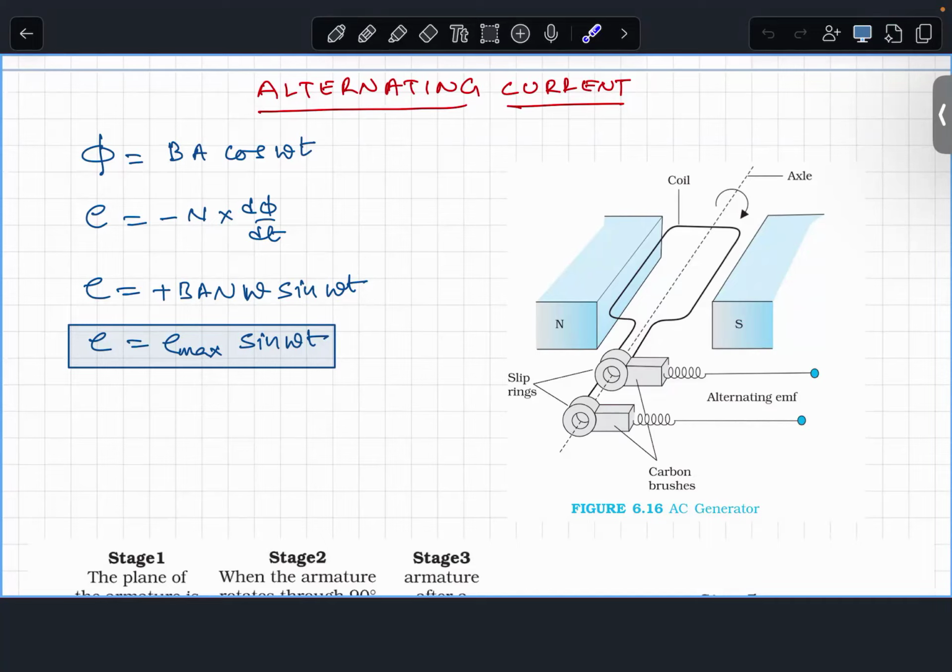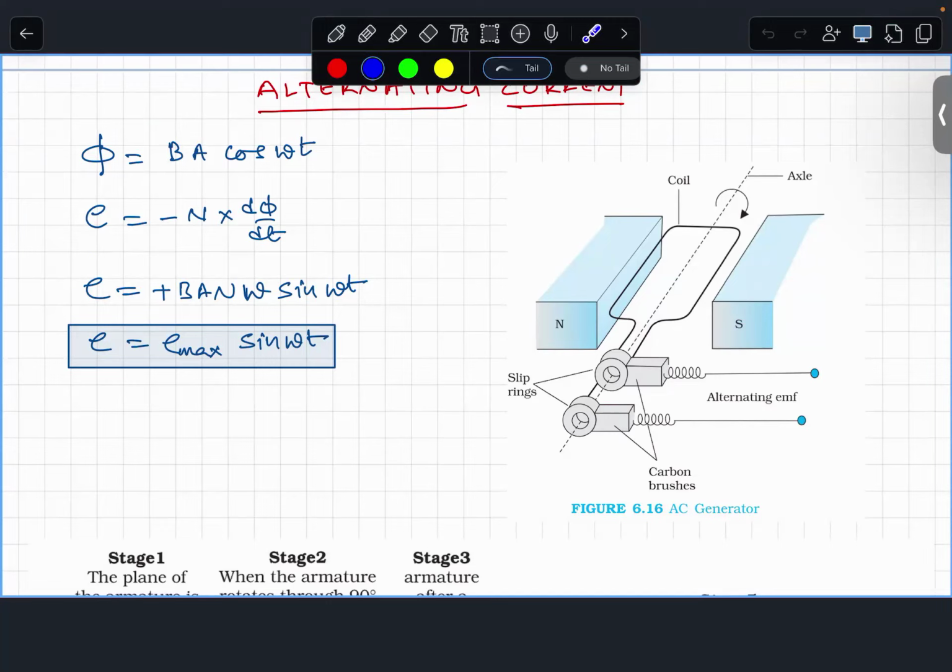Last time, we noticed this is the expression for our flux, followed by the expression for EMF, and the effect of motion cum rotation.